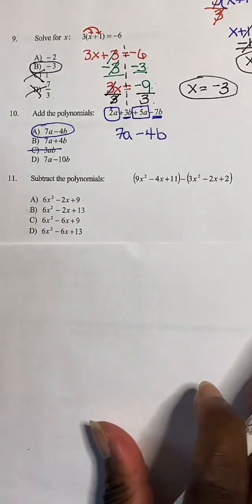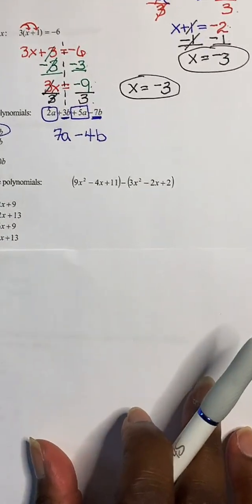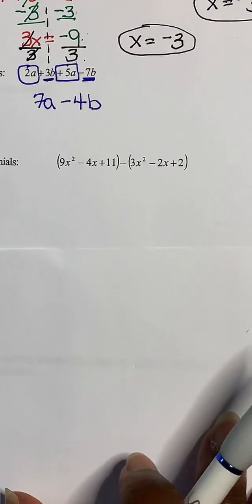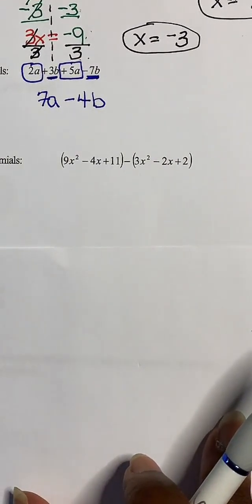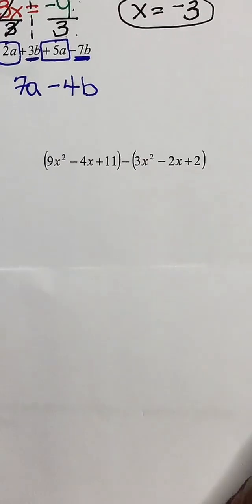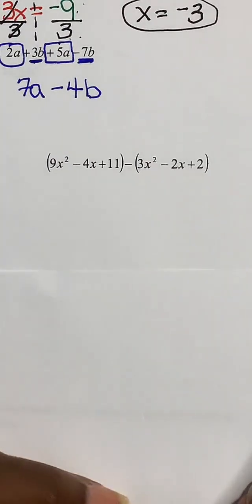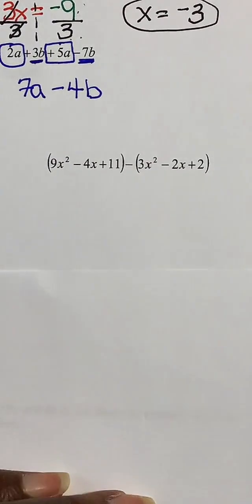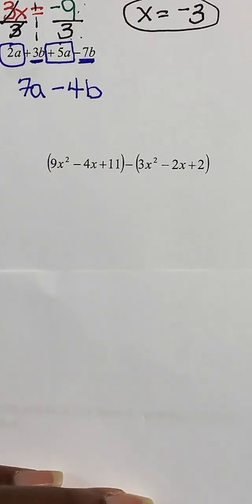So this time we're going to subtract the polynomials. So we have 9x squared minus 4x plus 11 minus 3x squared minus 2x plus 2. I'm going to focus on these for a second so you can see it, and then I'm going to throw up the answer choices.